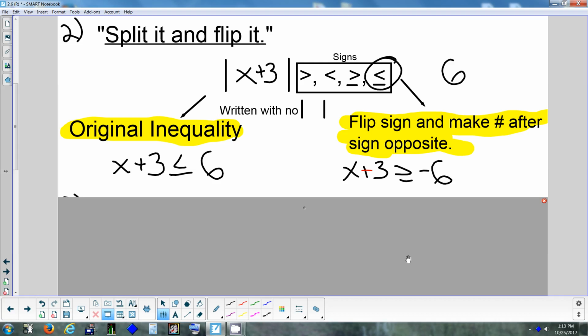So the only new thing for these is flip the sign. We've done absolute value, we've split it up before, we've made the number at the end the opposite, we've done that. The only thing new so far is flipping the sign. Everything else we've done before.